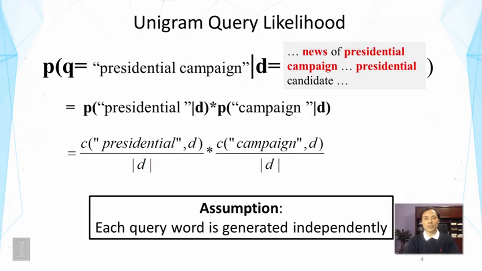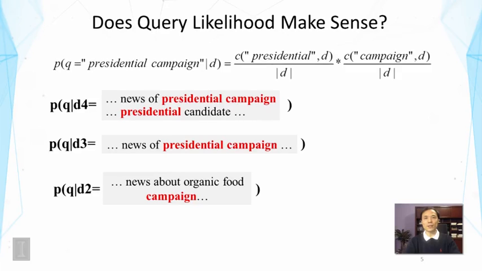So with these assumptions, we now have actually a simple formula for retrieval, right? We can use this to rank our documents. So does this model work? Let's take a look. Here are some example documents that you have seen before. Suppose now the query is presidential campaign, and we see the formula here on the top. So how do we score this document?